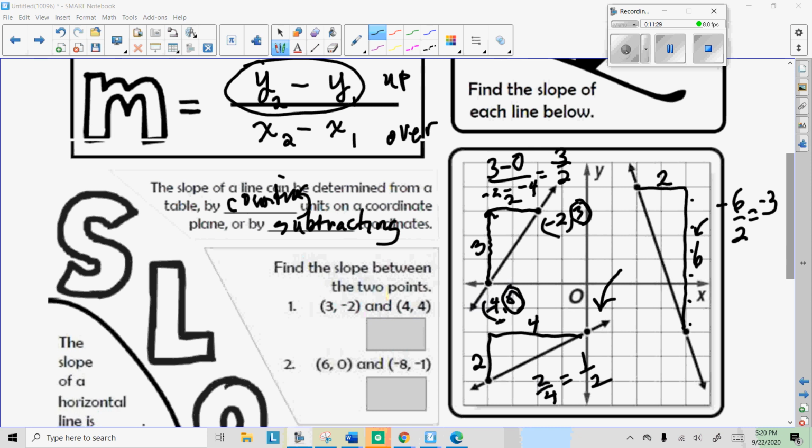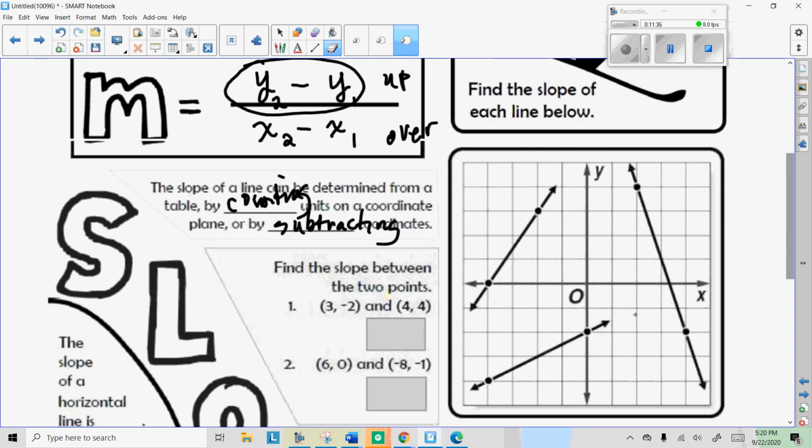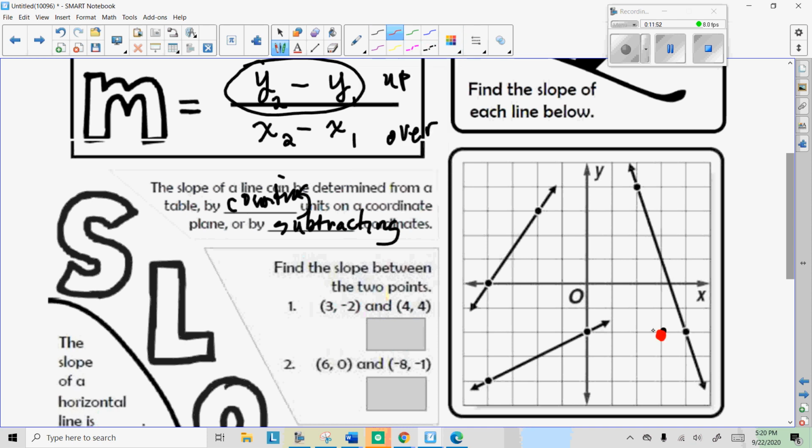All right, I'm going to erase this so we can use this graph for number 1 and number 2 here. Okay, it says find the slope between the 2 points. 3, -2, so that's 3, -2, that's right there. Maybe I should use a different color here. Red. 3, -2, and then 4, 4 is over 4, up 4 right there.